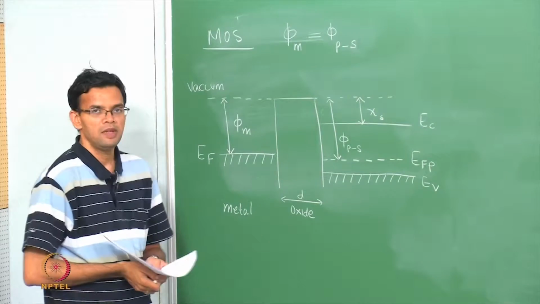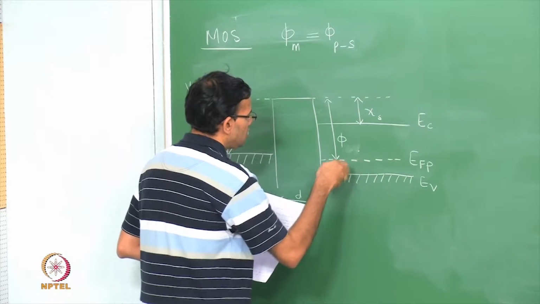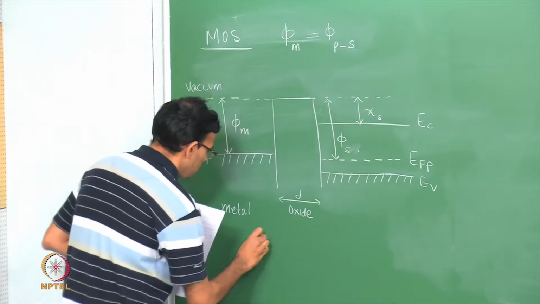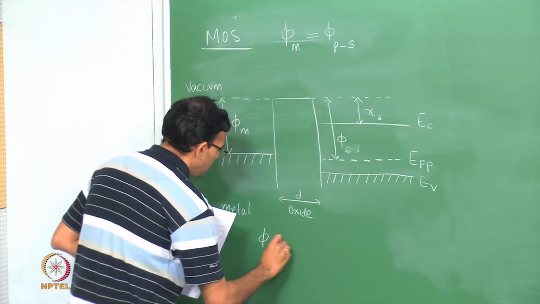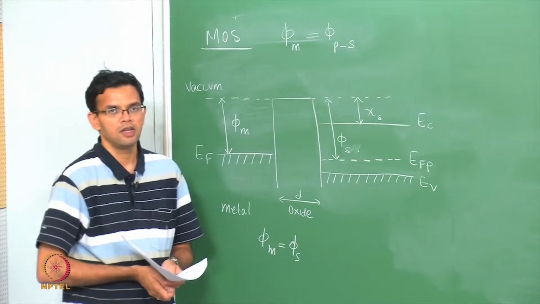In this diagram let me just drop the subscript p, so I will just call this psi s. So it's just saying psi m is equal to psi s, but we know that we are starting with a p type material.